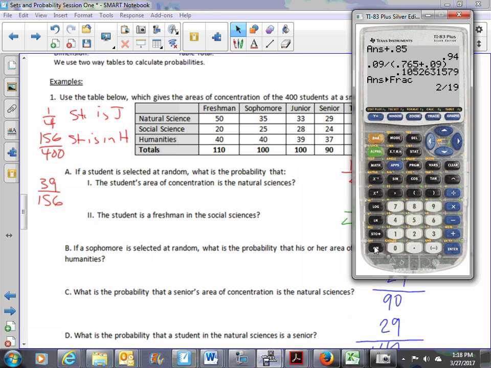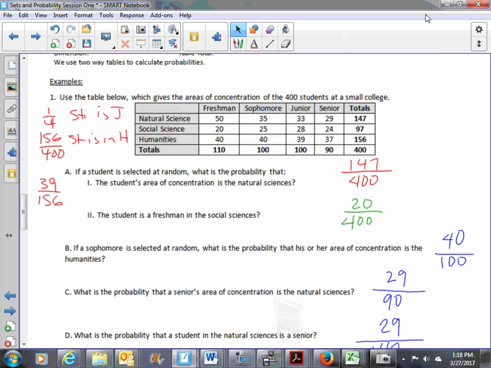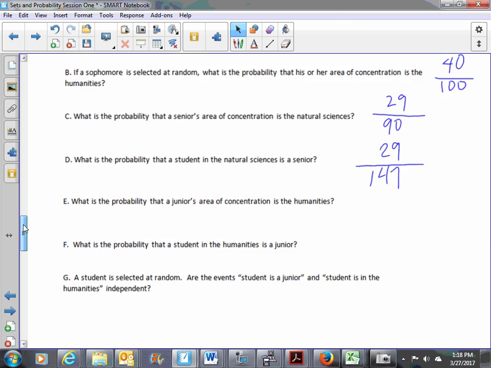Well, let's see. 1 divided by 4 times 156 divided by 400 is equal to that. Now 39 divided by 156 is not the same thing, so no. The answer to the question, are they independent, is no.